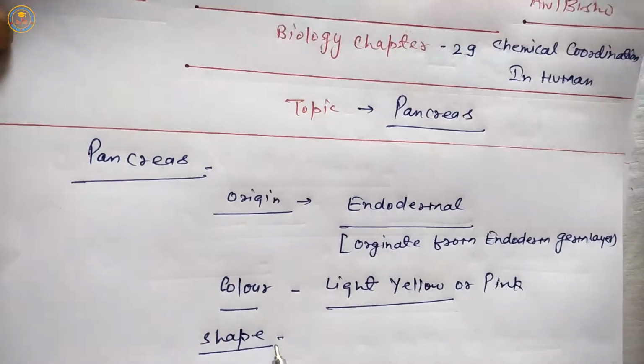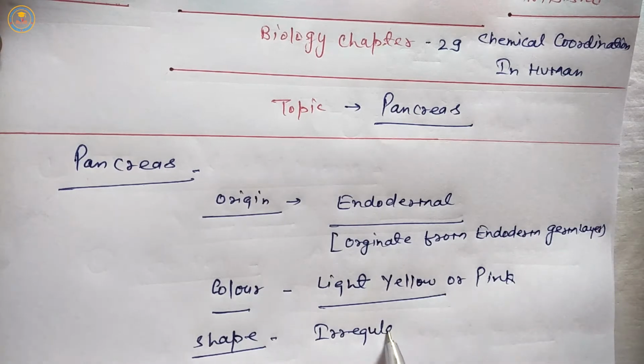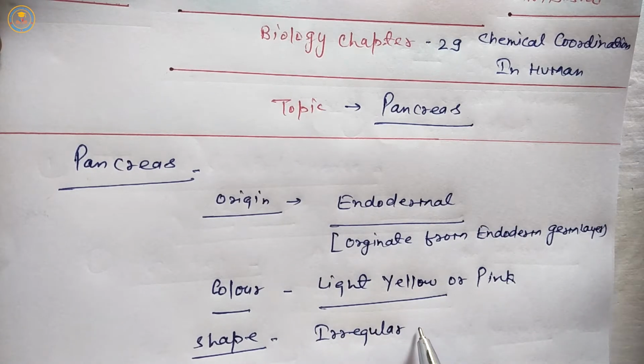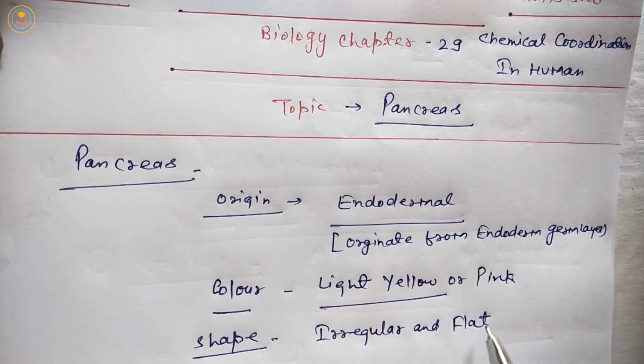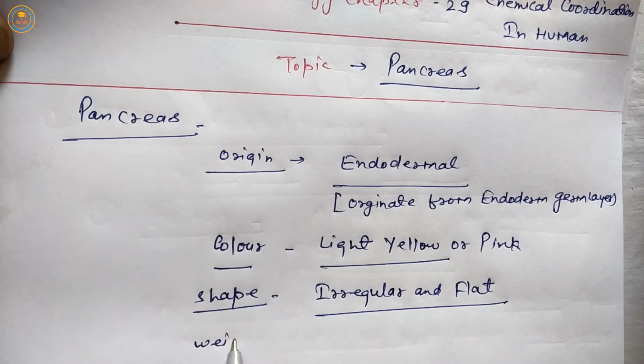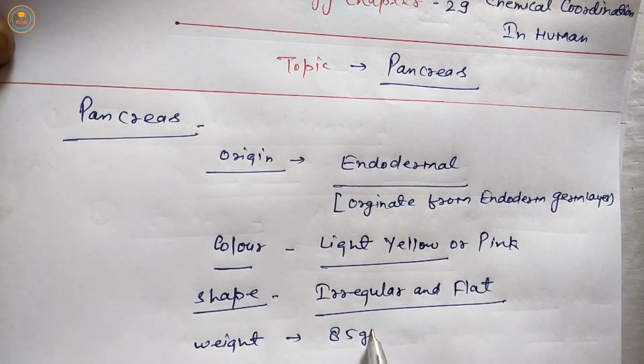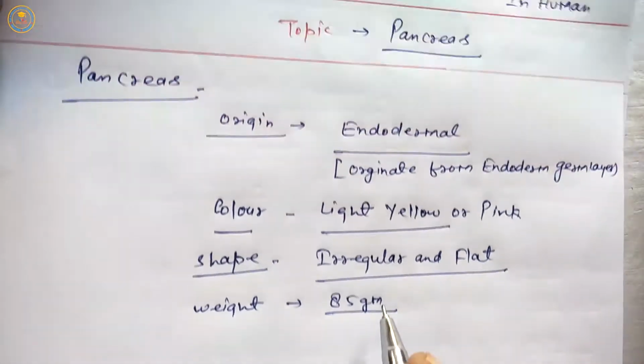Next, the shape of pancreas is irregular and flat in shape. Next, the weight of pancreas is 85 gram.